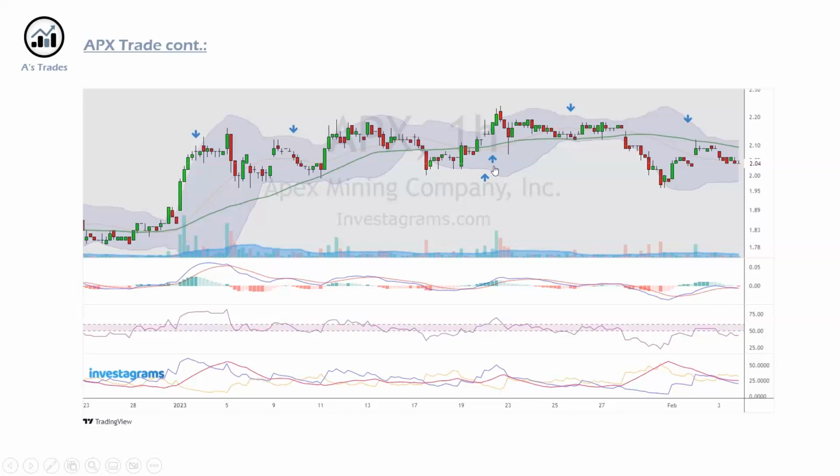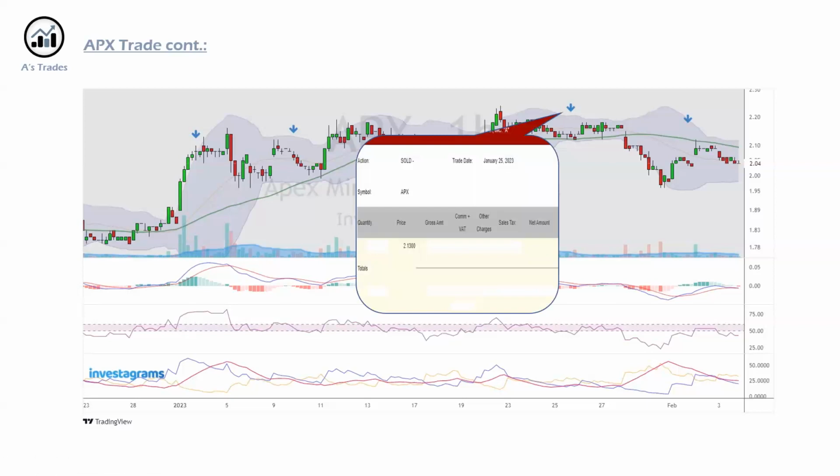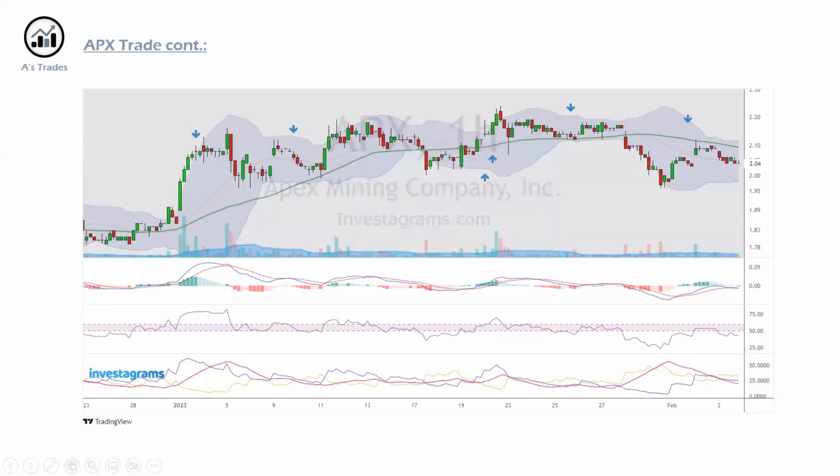But then I sold a tranche on this candlestick here at 2.13 because it seemed the uptrend has lost momentum, with the MACD line already crossing below the signal line here, as well as the RSI already going down and below 50.